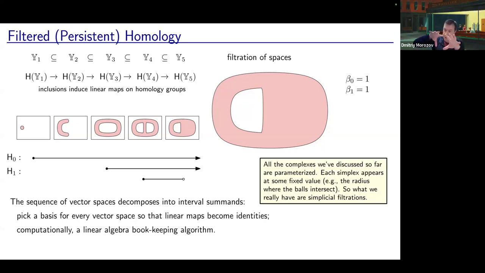As soon as the balls start intersecting, for every larger radius, they will keep intersecting. So what I really had there is a simplicial filtration. Every simplex has some time when it enters the complex, and then it stays in it forever. There's this critical radius where the simplex appears, and then it never disappears. So that's the setting that we are working in. It's not a fixed complex, but rather this simplicial filtration.